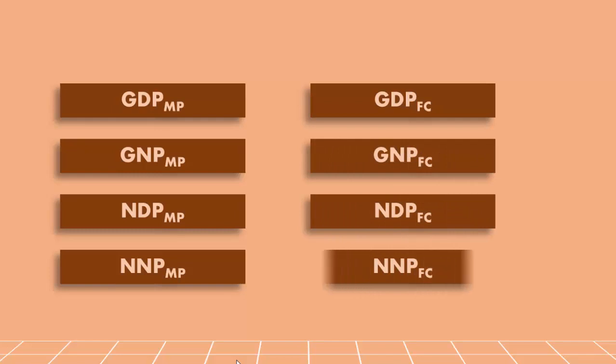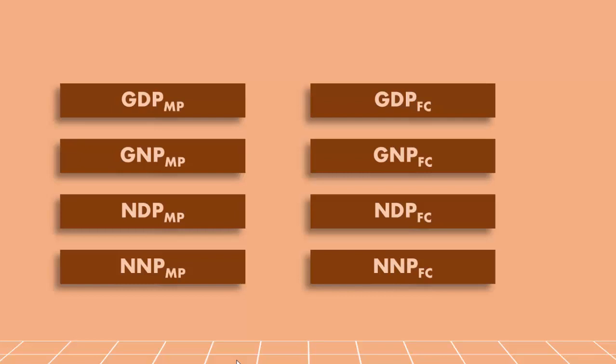Gross domestic product at market price, gross national product at market price, net domestic product at market price, net national product at market price, gross domestic product at factor cost, gross national product at factor cost, net domestic product at factor cost, net national product at factor cost.